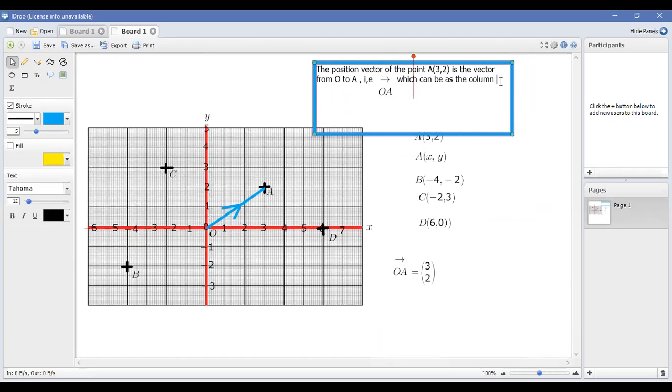All right. Which can be written as the column vector, and the column vector is 3, 2. All right. Everybody's there? Yes. All right. Let's continue notes further down here.